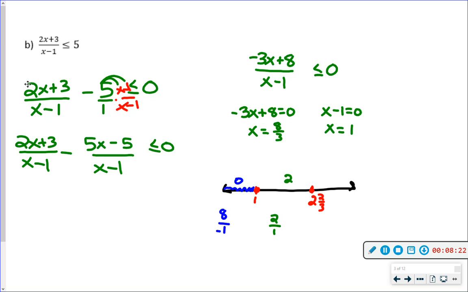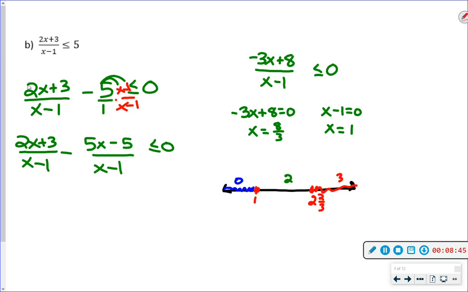Pretty sure it's going to be an or, but let's test just to make sure. I'm going to put 3 in. -3 times 3, -9 plus 8. And then 3 minus 1. And of course, that's less than or equal to 0. So my hunch that it was an or was correct. Okay, so final answer. I'm just going to erase this little computation out of the way so I can put my final answer nice and pretty underneath.